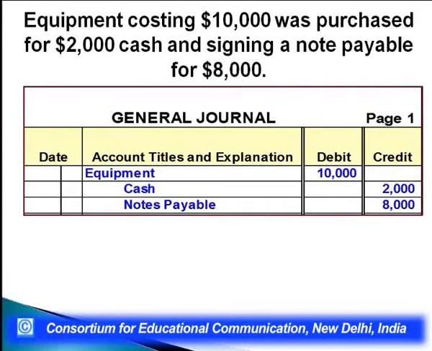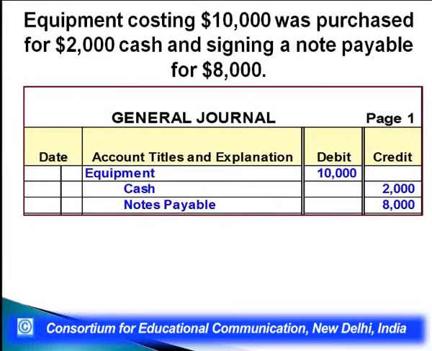Now I have the option to debit the equipment only for 2,000 separately and 8,000 separately. I can record this transaction in two parts, in two different entries, or I can combine it in one single entry. If I put them in separately, then it would be the same as we did in the last lecture.